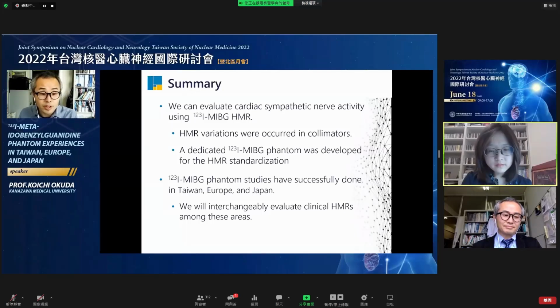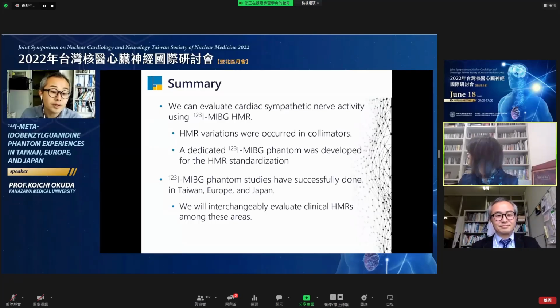By using this phantom, multicenter MIBG phantom studies have been successfully done in Taiwan, Europe, and Japan. Finally, we will be able to interchangeably evaluate clinical HMRs among Taiwan, Europe, and Japan.